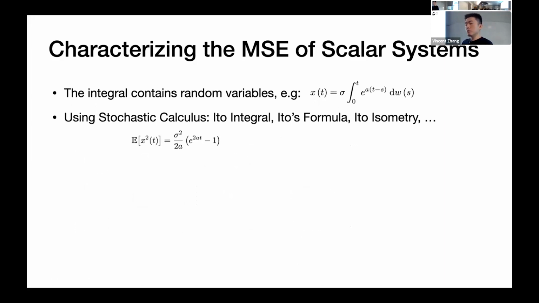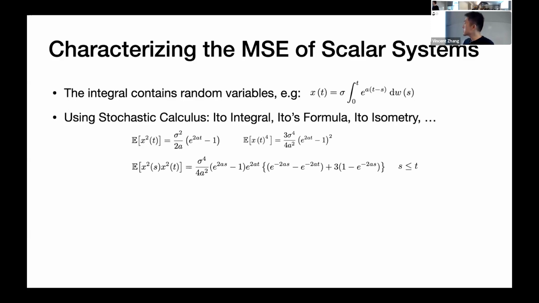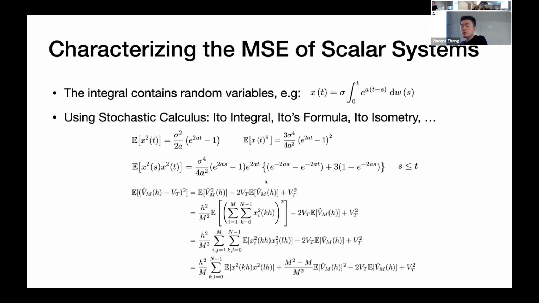So by using these machineries, what we got was these expressions. These higher order moments, like second order, fourth moments, and these cross terms. And those are just a result from expanding the MSE.